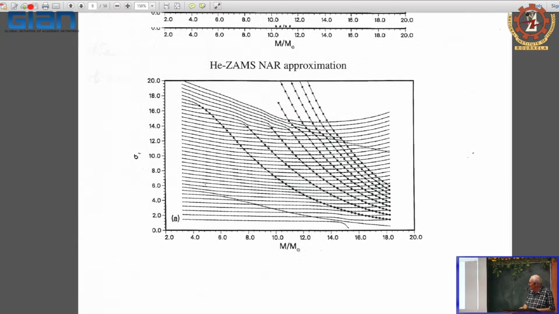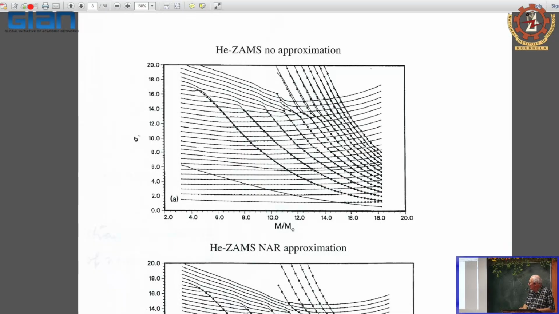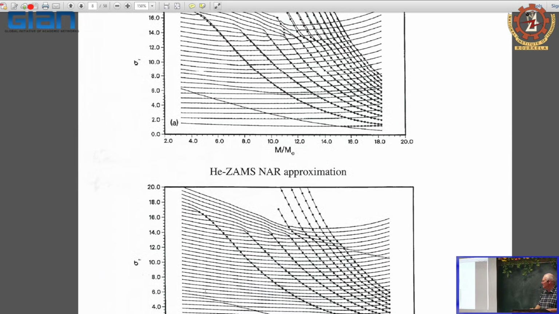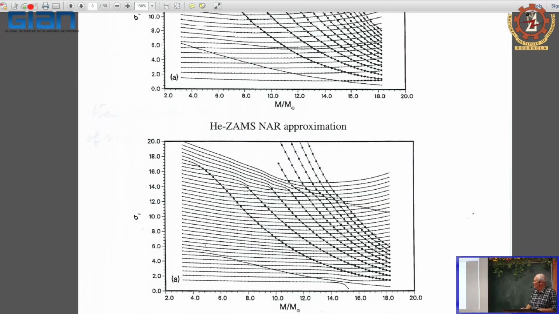Let's compare the result for the helium 0H main sequence models for spherically symmetric perturbations. This is the full result, the complete result, and the diagram on the bottom is the NAR result.